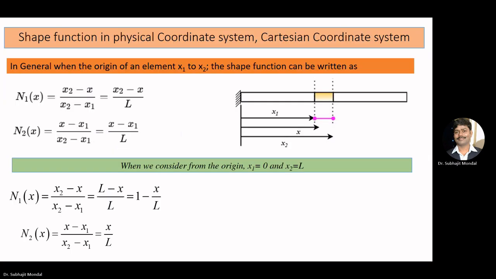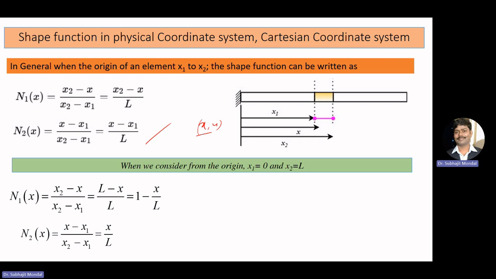Here we have learned how to write the shape function of a 1D bar element in our physical coordinate system, basically in our XY coordinate system, which is nothing but our Cartesian coordinate system.